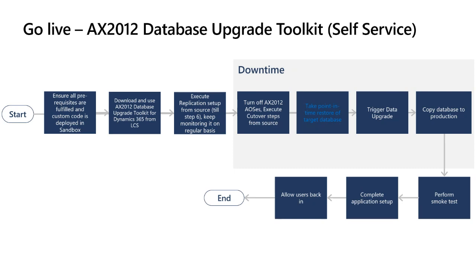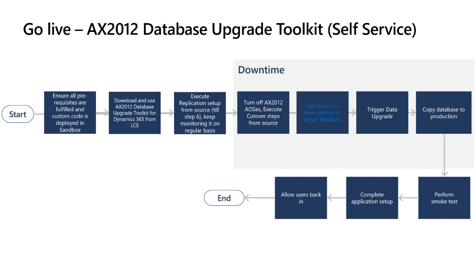At the time of actual downtime or cutover, you stop AX2012 AOSs, execute cutover steps, right? Take a note of the point where your replication completed. So for example, if anything goes wrong, you want to take point in time restore of your target database where your replication was complete. You should be able to do that using LCS.